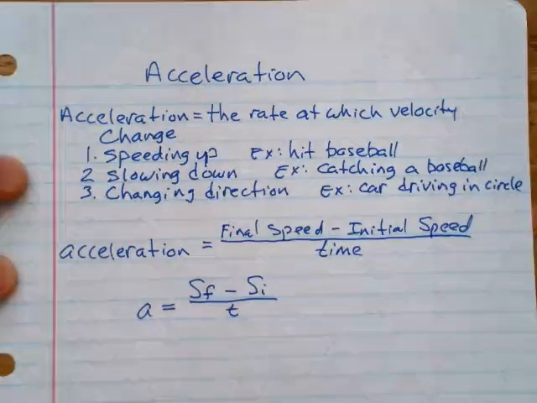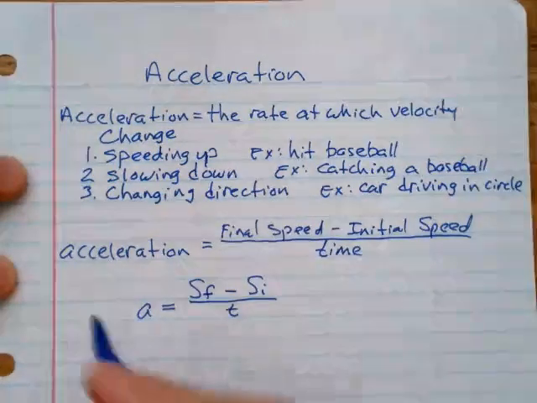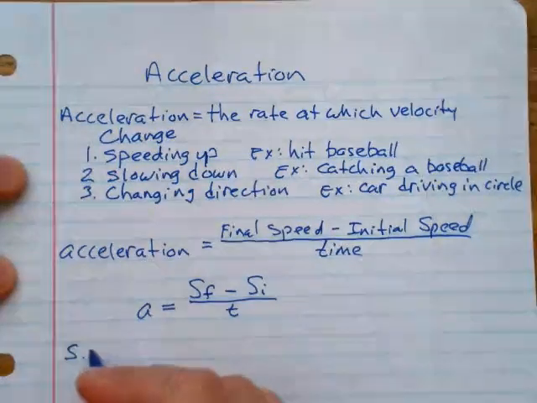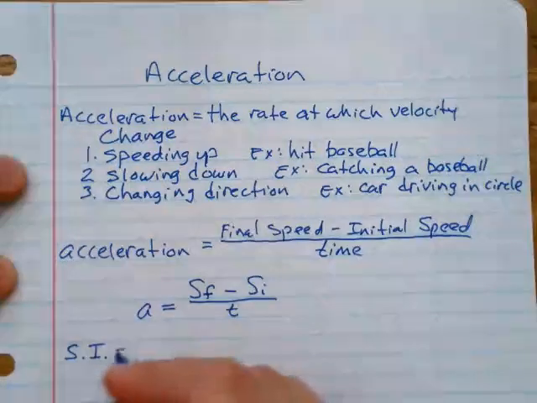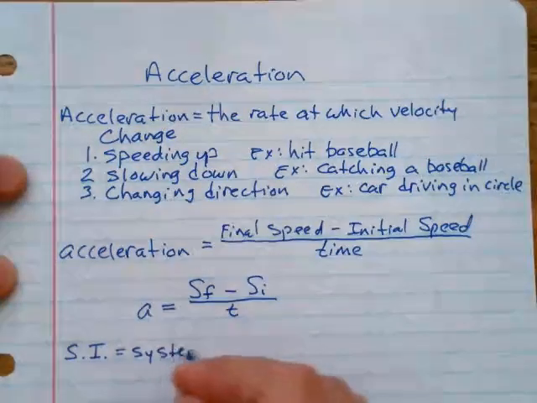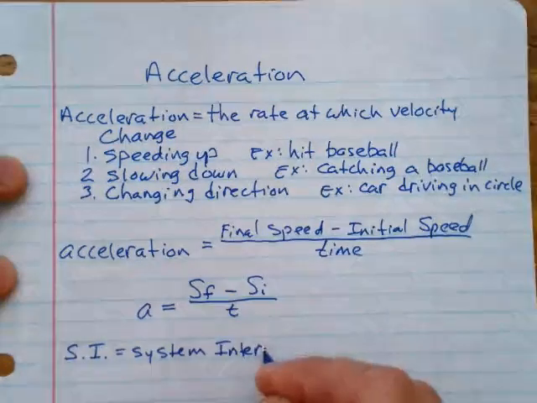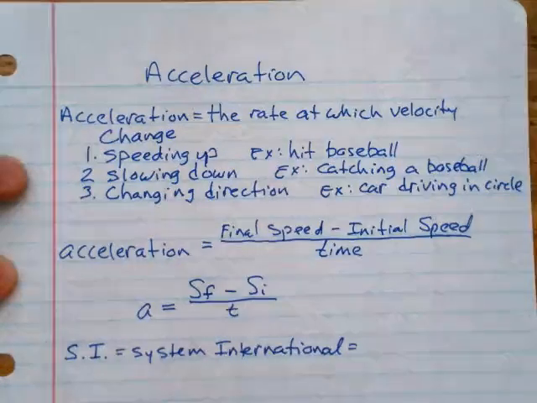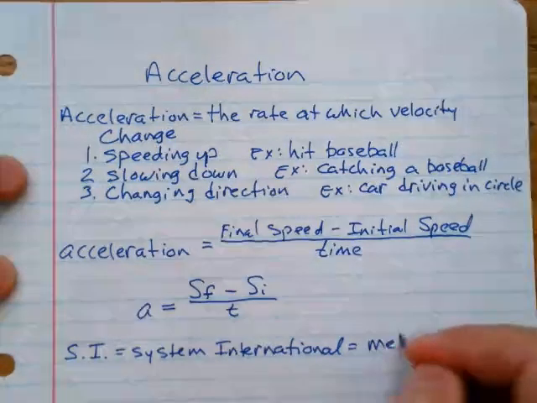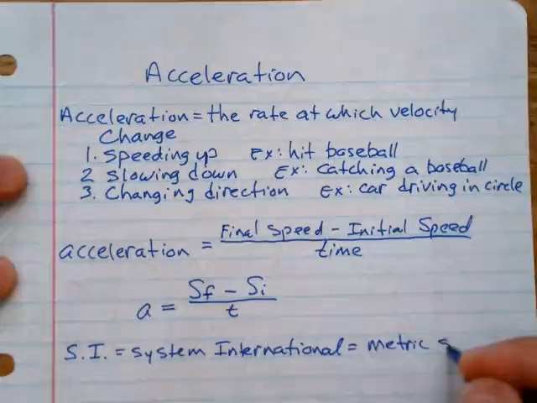And another thing I have to throw in here, just so you know, this is a completely new thing, is that we sometimes talk about SI units. SI equals System International, which really is just another way of saying the metric system. We're going to want to know about the SI units.